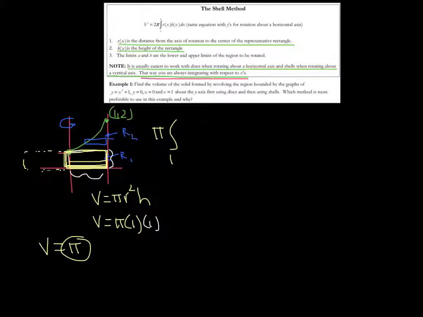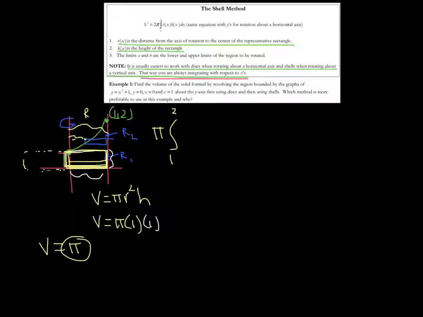So we're going to integrate from when y is 1 up to when y is 2. And then capital R, don't forget, is the distance from the axis you're rotating to the furthest part of the rectangle, and little r is the distance from the axis you're rotating to the closest part of the rectangle.